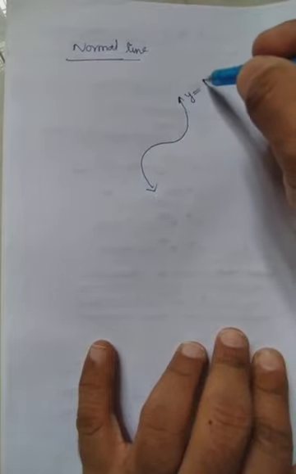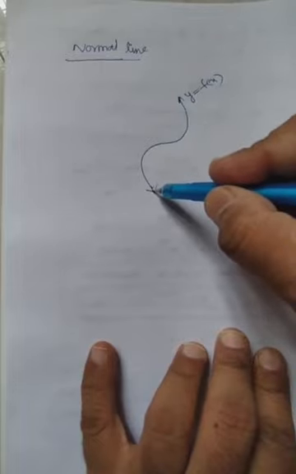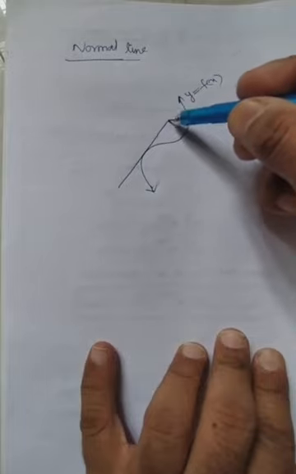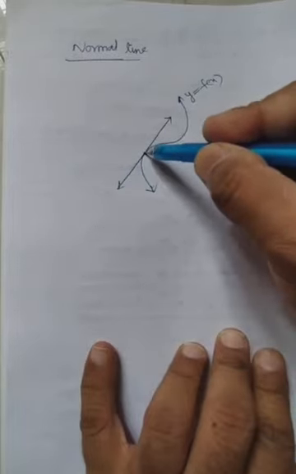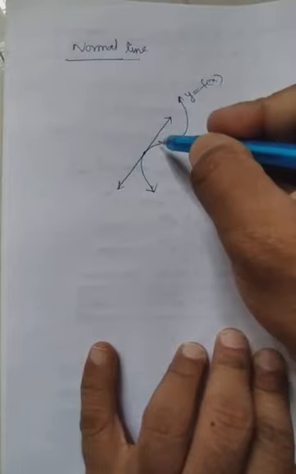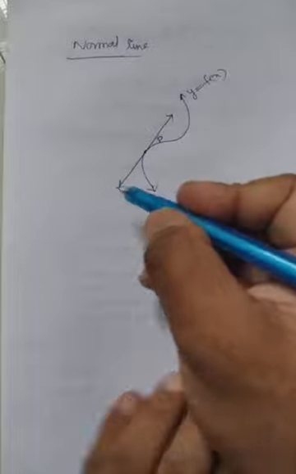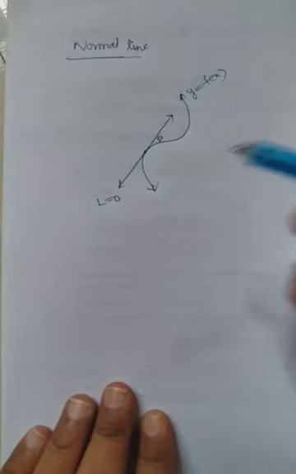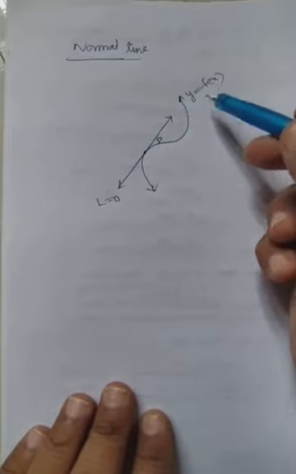Y is equal to f of x is the curve we have, and we learnt about this line, the tangent line at the point P. This is the tangent line, as we discussed and learnt about it. This is the tangent line to the curve y is equal to f of x.